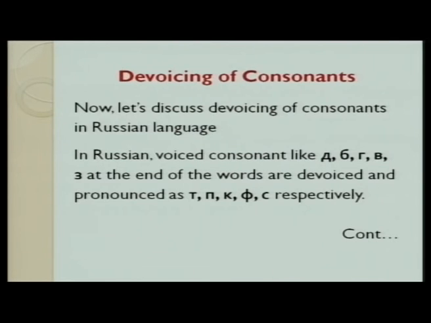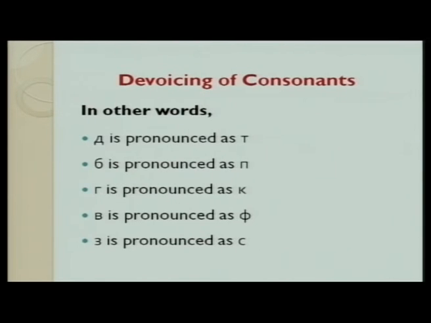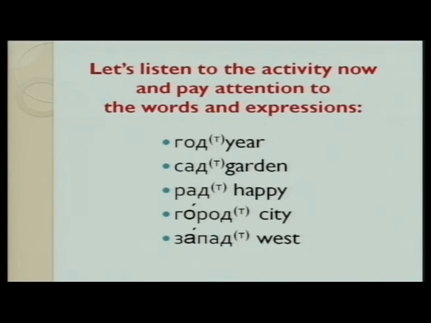Let us find out with a few examples. Here we are combining all these consonants, so it is clearer with examples: de is pronounced as te, be is pronounced as pe, ge is pronounced as ke, ve is pronounced as f, ze is pronounced as s. I will give you a few examples in Russian. Let us learn these words as well and pay attention to how all the consonants are devoiced.